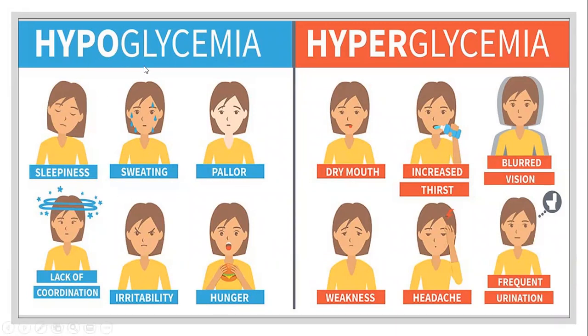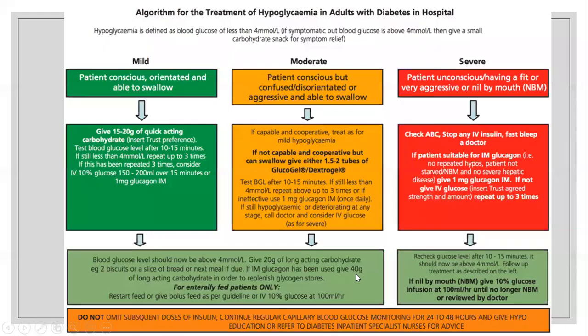A hypoglycemic patient has sleepiness, sweating, pallor, lack of coordination, irritability, and feeling of hunger. In case of hyperglycemia, we can see dry mouth, increased thirst, frequent urination, meaning polyuria, polyphagia, and polydipsia, blurred or difficult vision, headache, and weakness.